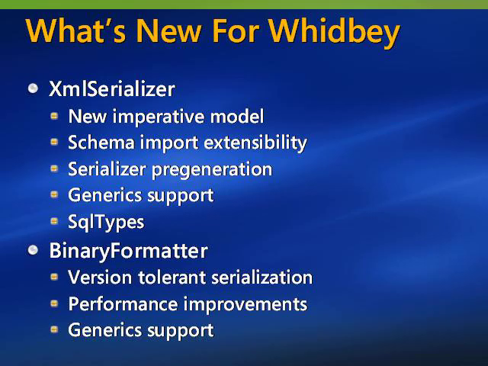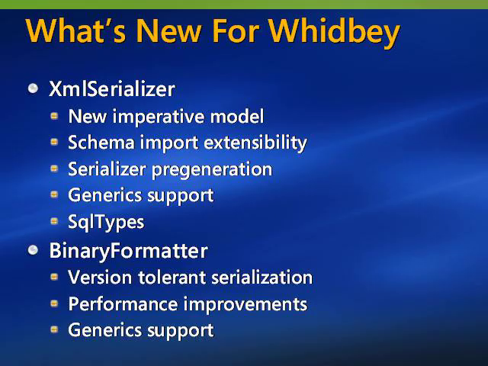Interestingly enough, people would like to modify their types in future versions of their applications. So we've taken that feedback, as reasonable as it sounds, and incorporated that into the serialization infrastructure that we'll be releasing inside of Whidbey. Furthermore, we'll be doing performance improvements and also supporting generics, so you'll be able to serialize open generics and instantiated generics as well.